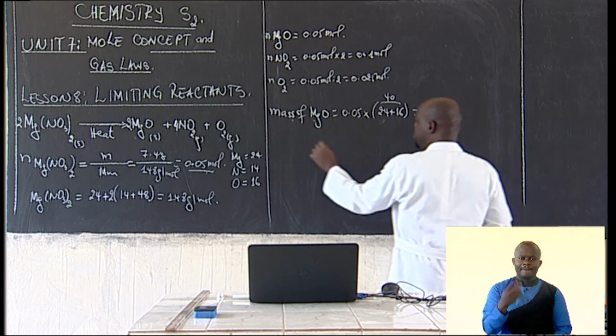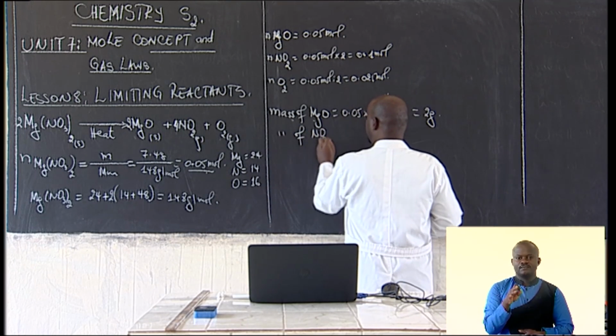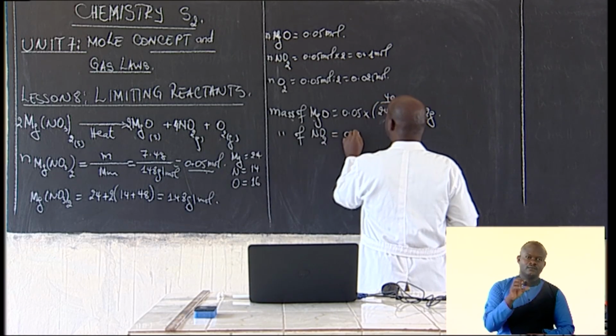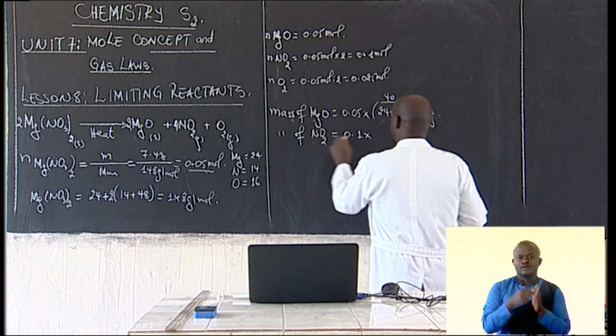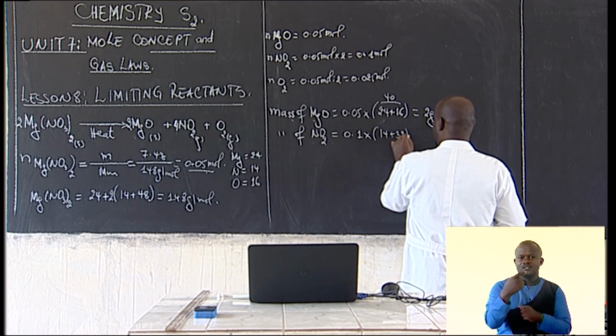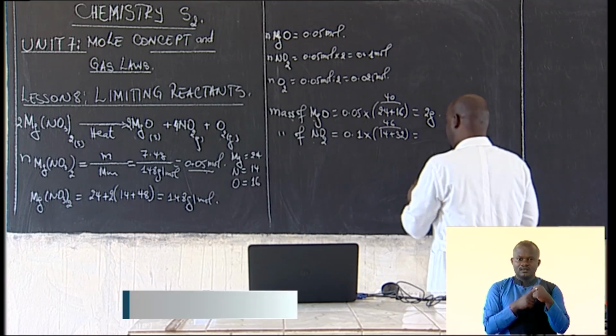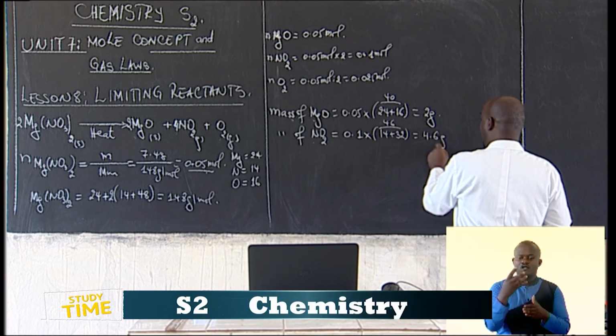Produce 2 grams. The mass of NO2, it's 0.1 times nitrogen plus oxygen, that is 14 plus 32. And here we have 46. And that will be 4.6 grams.